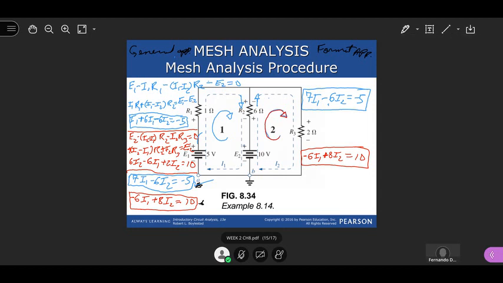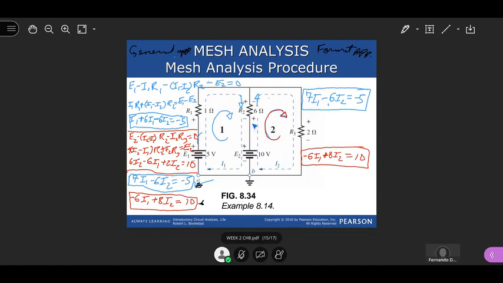Can you go to the second loop? Okay. The second loop is like this. So we're going to go to the second loop. Our reference, everything is I2 right now because we're in the second loop. So we will add all the resistors that current 2 goes through, and that will be positive.